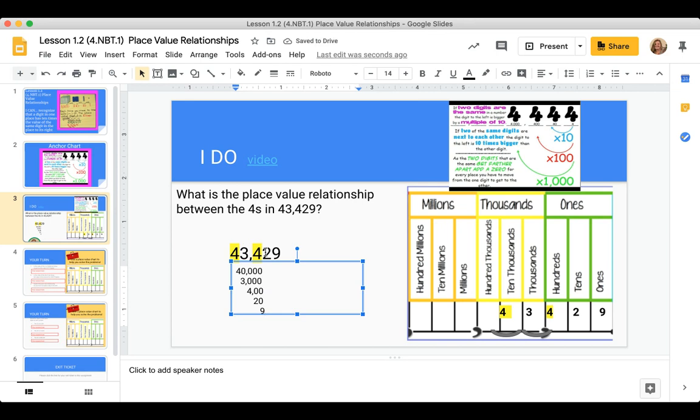So when we look at our whole number, which is 43,429, and we break it down by place value, we see 40,000, 3,000, 400, 20, and 9.